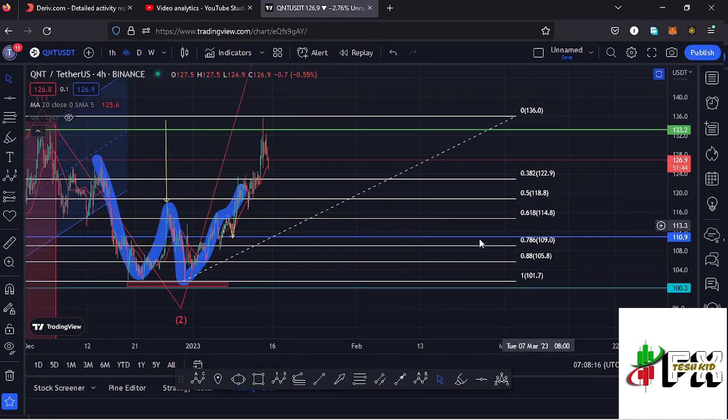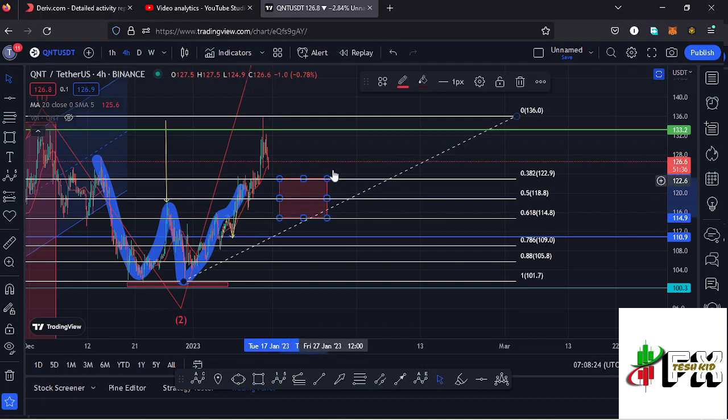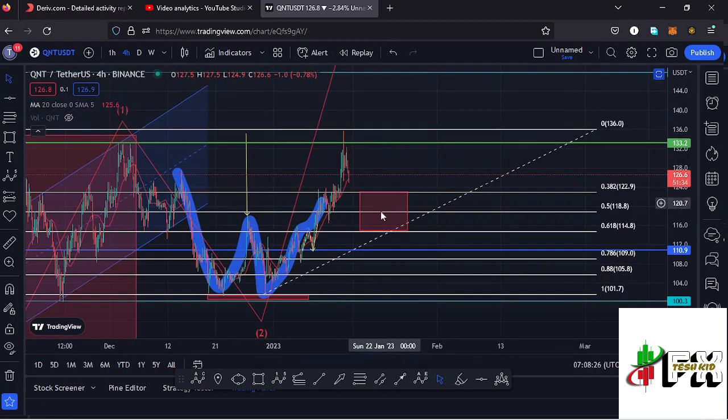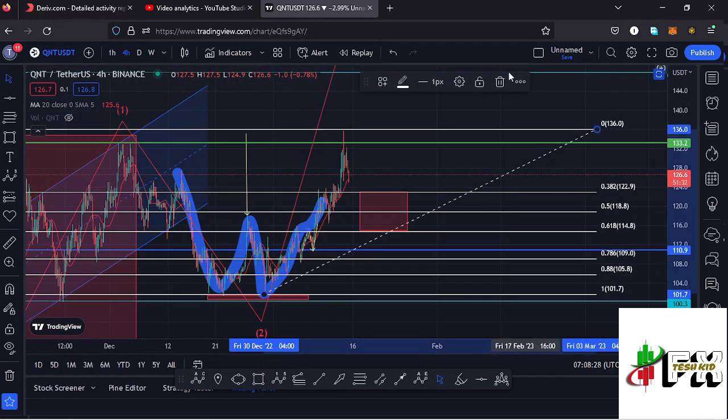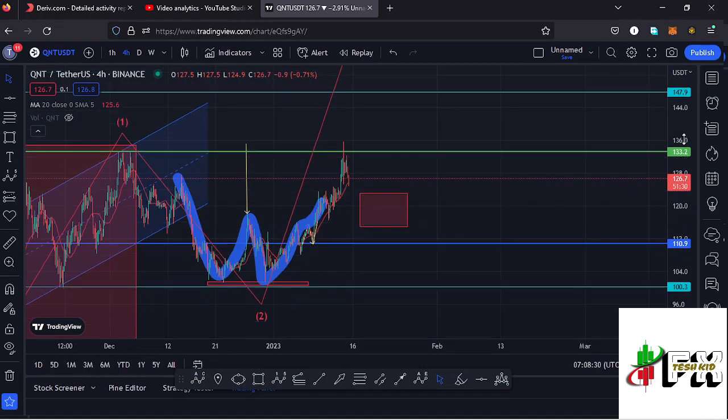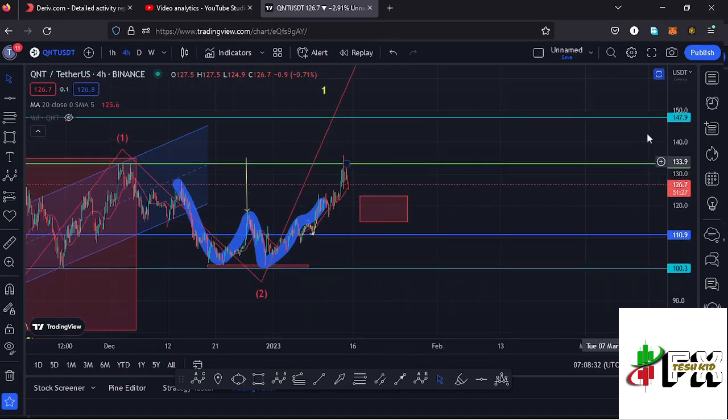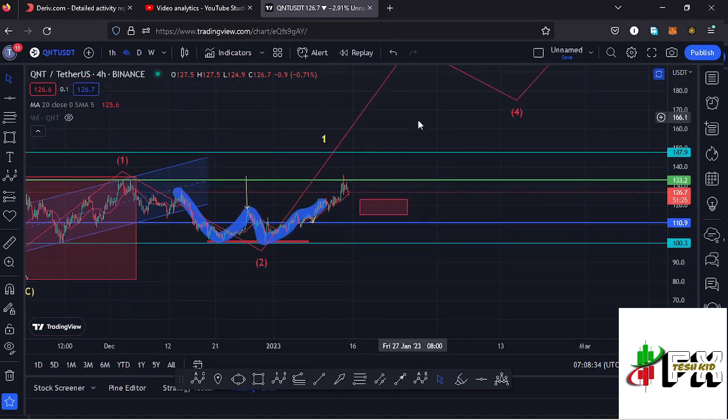That is the fib level 0.382 and the fib level 0.618, which lies between the $122.9 mark and the $114.8 mark. In case we continue holding within this red target area, then there are chances that we might continue unlocking higher prices in the formation of this higher Elliott wave count 3.